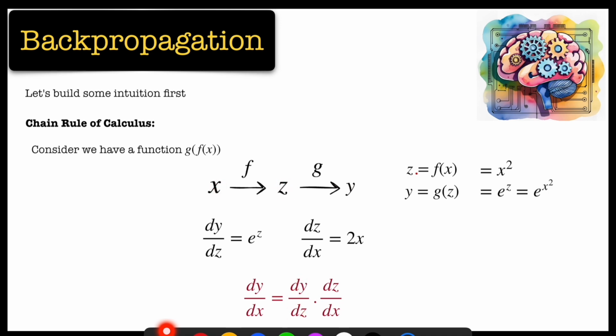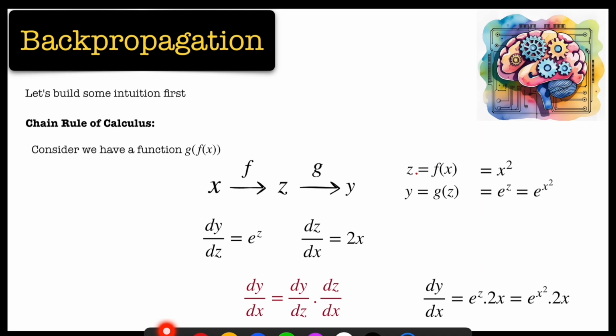That's why we are calculating these derivatives chain-wise. This is called the chain rule of calculus. So dy dx is e power z times 2x, which is e power x square times 2x. This is how we apply the chain rule in the scalar case.